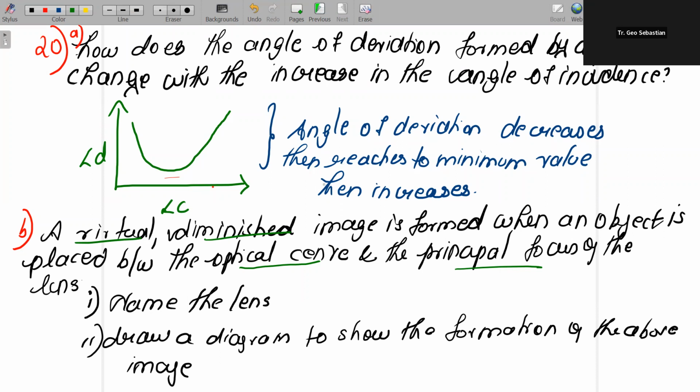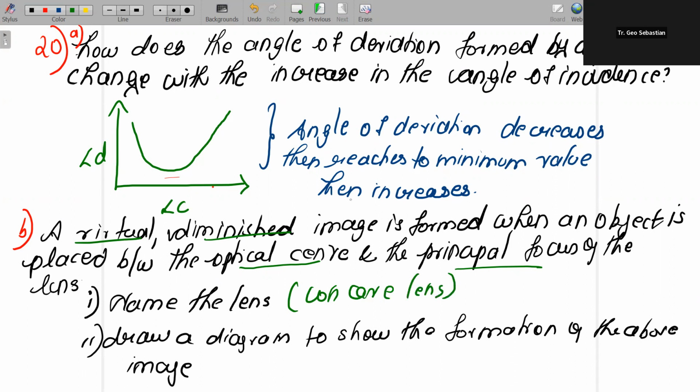Remember that special case. At all the 6 points we are getting a real image, right? But at that particular point, when the object is kept between focus and optical center, you are getting a virtual and diminished image, right? So the lens is nothing but a concave lens. Children, one more thing.